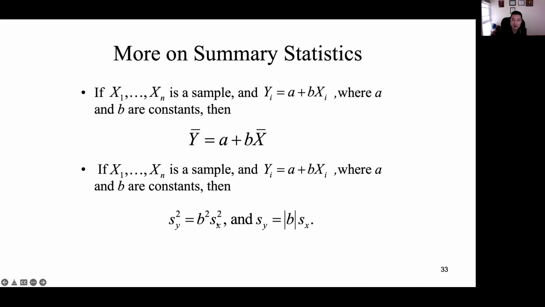Similarly, there is a relationship for the sample variance and the sample standard deviation of y as a function of sx.